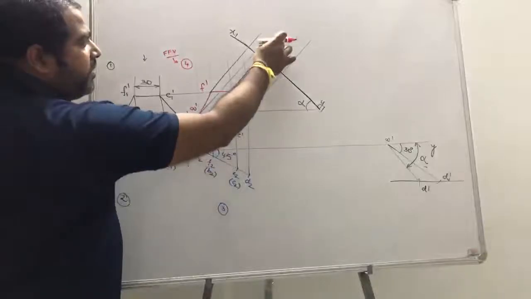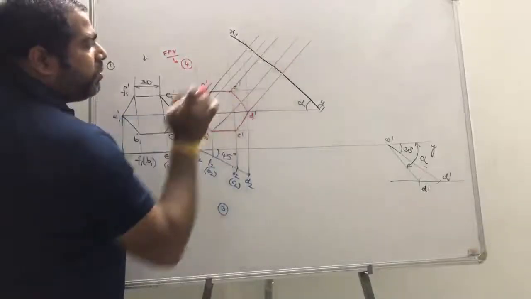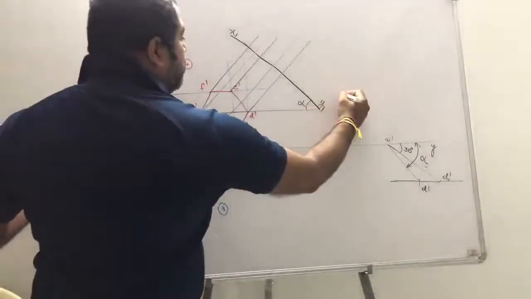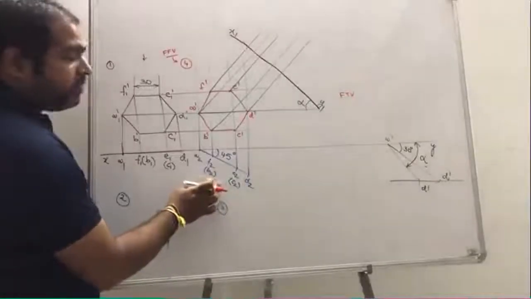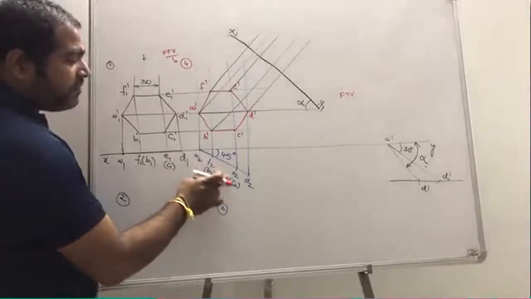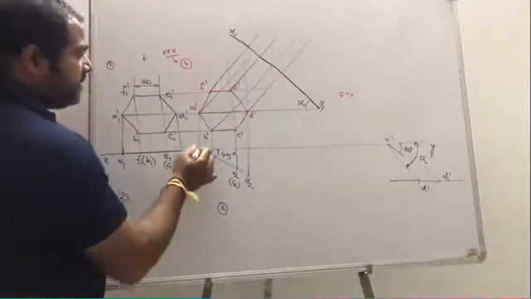So here it is going to be obtained as your final top view. Where is the previous top view? This is your previous top view. So take the distances of the previous top view from the old reference line and put them from the new reference line.